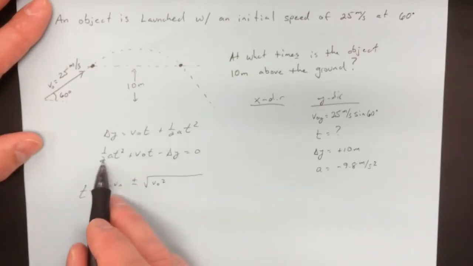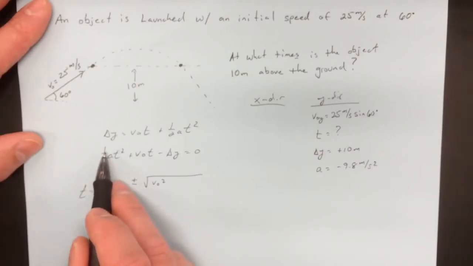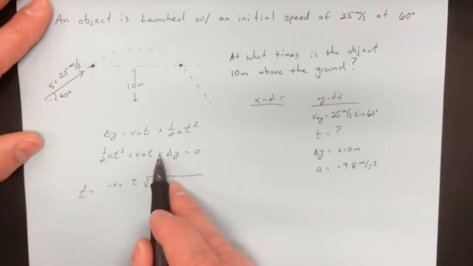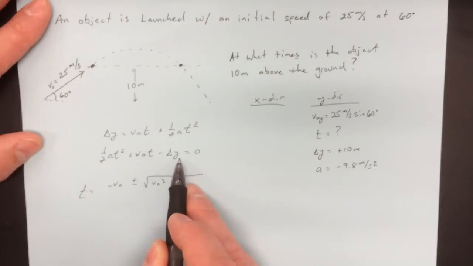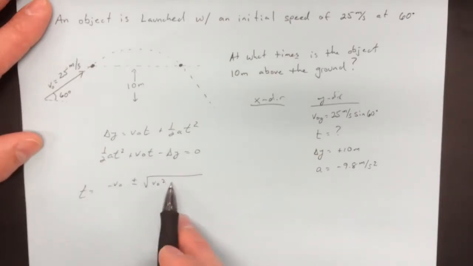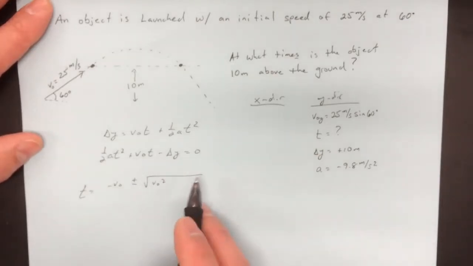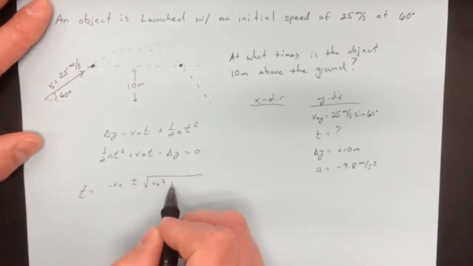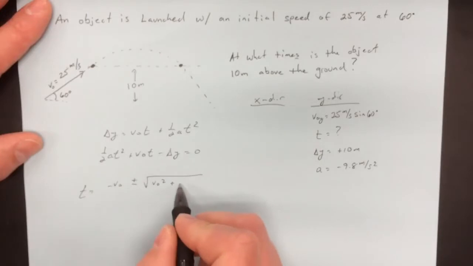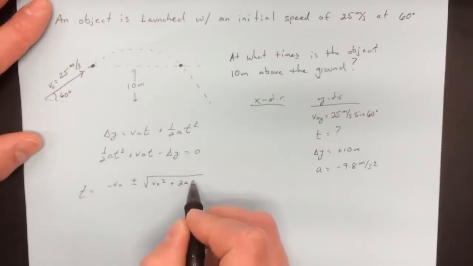Now 4a right here is going to give me 2 times the acceleration, and then my c is going to be the negative delta y. So this negative sign is going to cancel out the negative sign for the minus 4ac. So I have plus 2 times a times delta y.